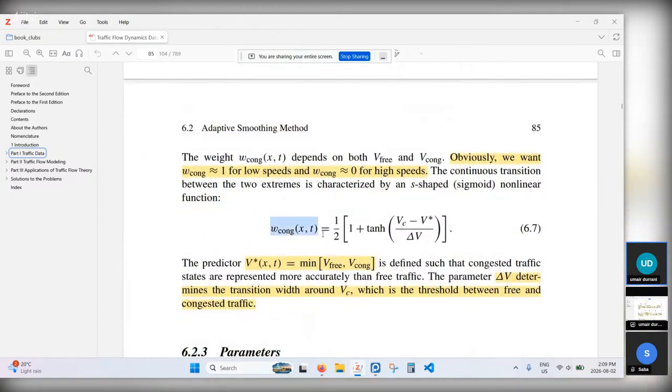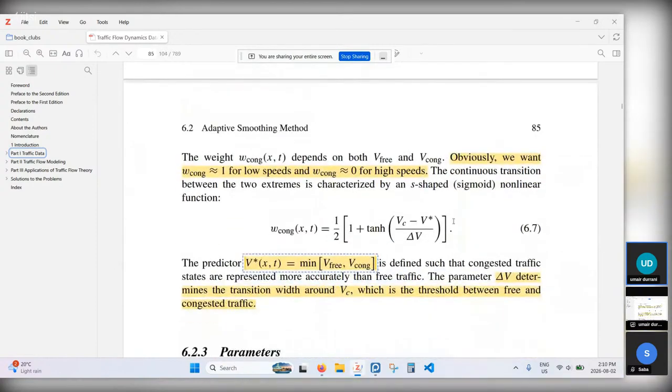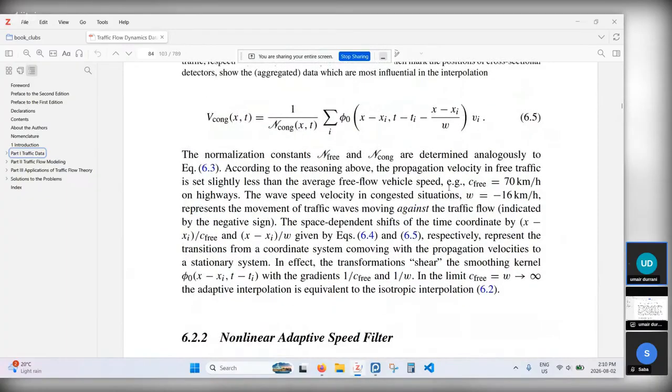And how do we estimate the weight? This is estimated based on this expression where we have these three parameters. One of the parameters is V star, which is looking at the minimum of the free and the congested speeds. The other one is delta V, which is determining the transition width around VC.